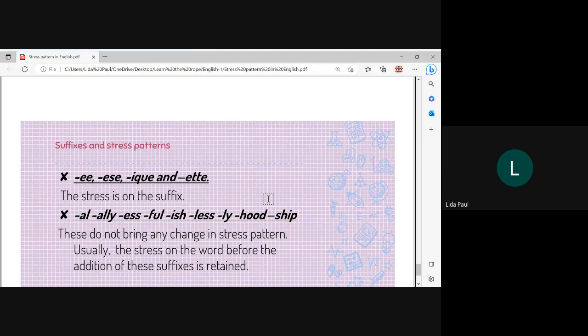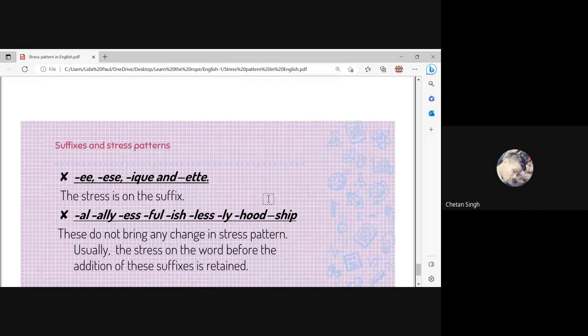Then ful, ish, less, hood, ship, and another one is ment, like you see in the word government. These are all examples of neutral suffixes. What does neutral suffix mean? No change. It does not bring about any change in the primary stress of the original word. Let's take an example.